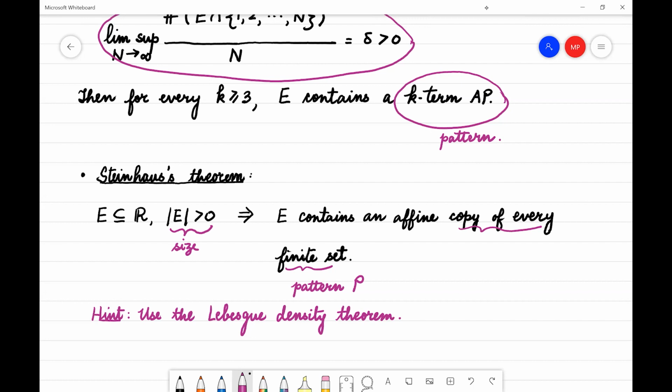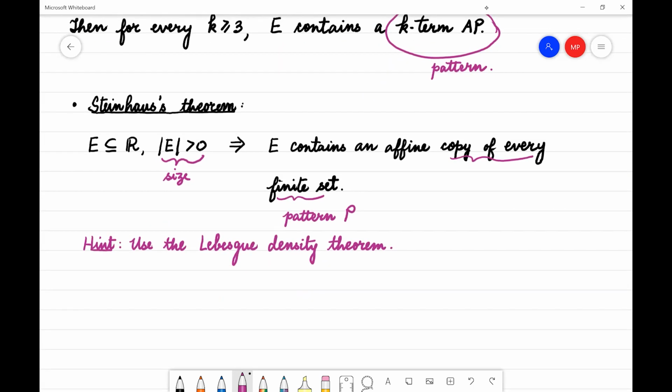Steinhaus's theorem in terms of its proof is certainly not in the same league as Szemerédi's theorem at all. But the most natural follow-up to Steinhaus's question is to ask, if E has positive Lebesgue measure, can E contain an affine copy of a given infinite set?